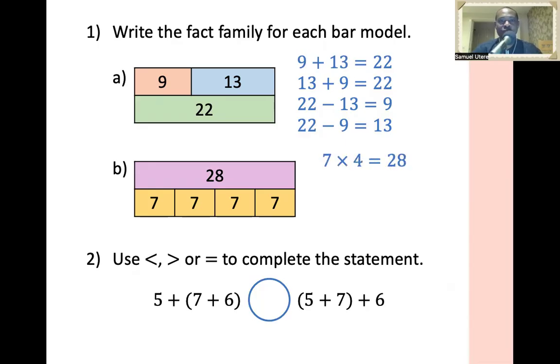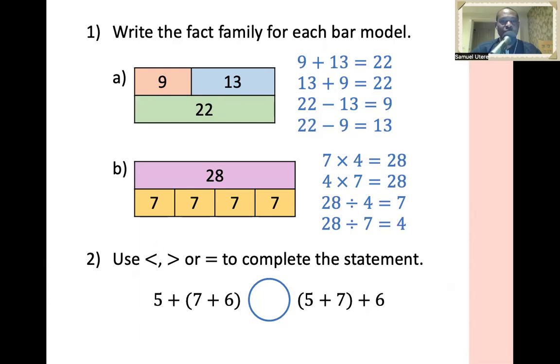Here we have 7 times 4 is equal to 28. 4 times 7 is equal to 28. 28 divided by 4 is equal to 7. And 28 divided by 7 is equal to 4.